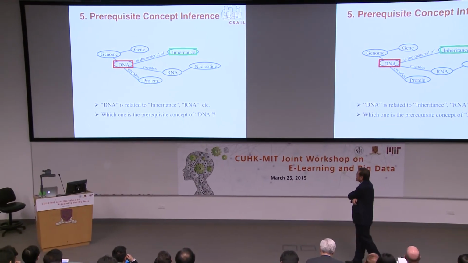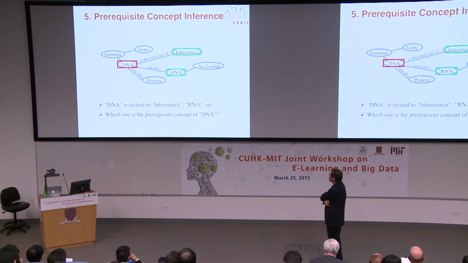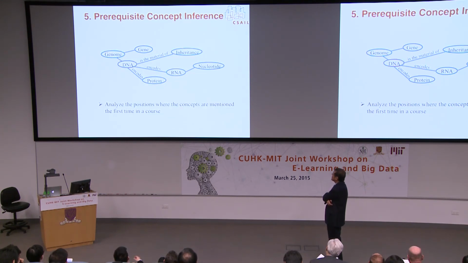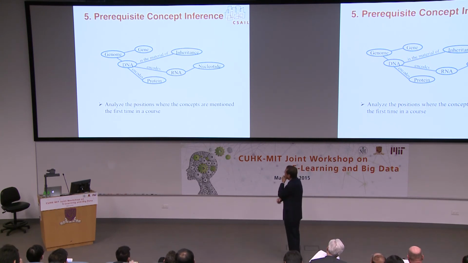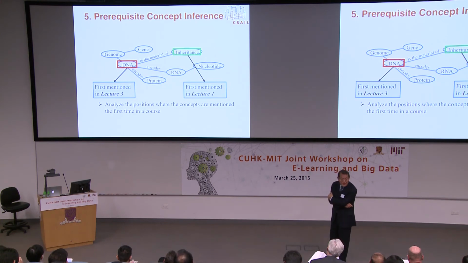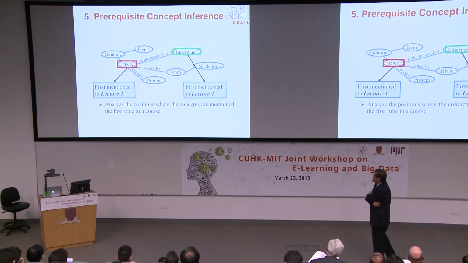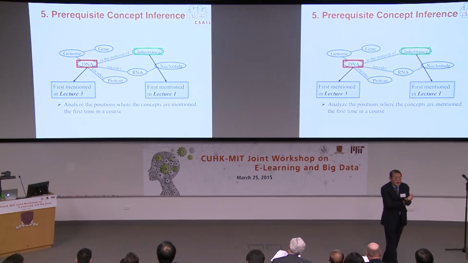So the way we do that is to actually try to figure out the relationship. And here, let's use these two examples, okay? What you're trying to say is, all right, DNA happens to be first introduced in lecture 3, whereas the idea of inheritance was first introduced in lecture 1.